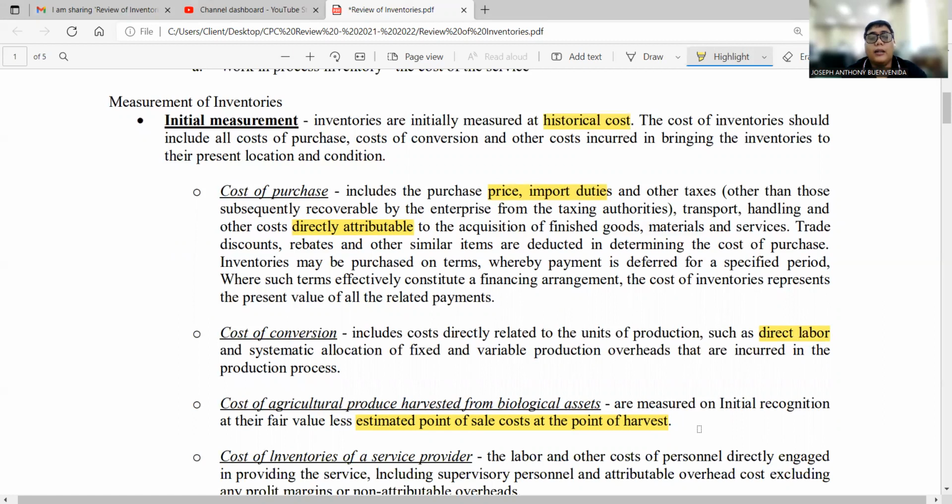The moment there is cessation of life of that biological asset, that is the point we measure and recognize it as inventory, or at the point of harvest. The moment you harvest it from its tree, automatically we record that as part of the inventory. Okay?